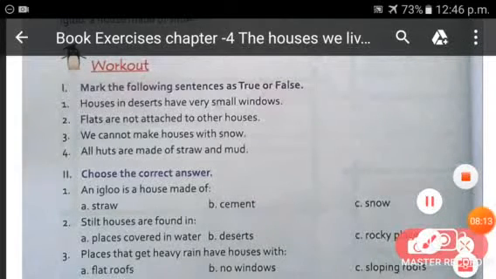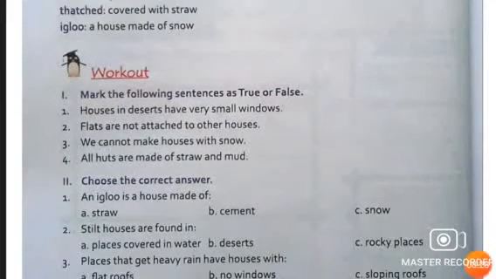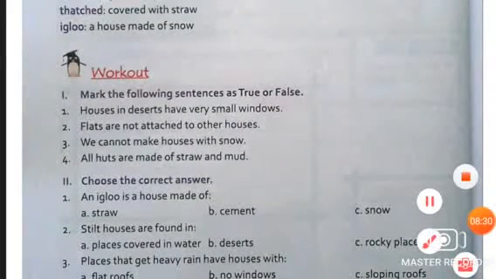If any sentence is true, then you have to mark T as true, and if any sentence is false, you have to mark F as false, okay students. Is that clear? Okay, let's start.